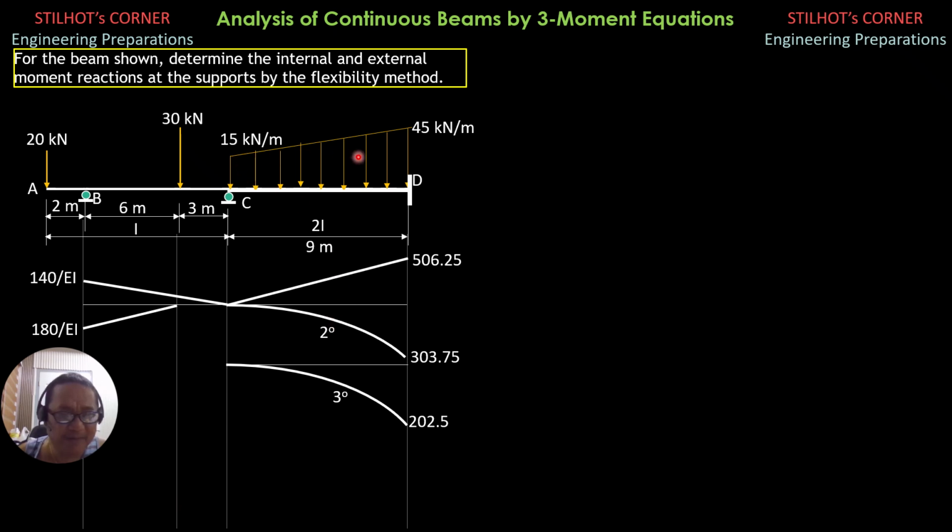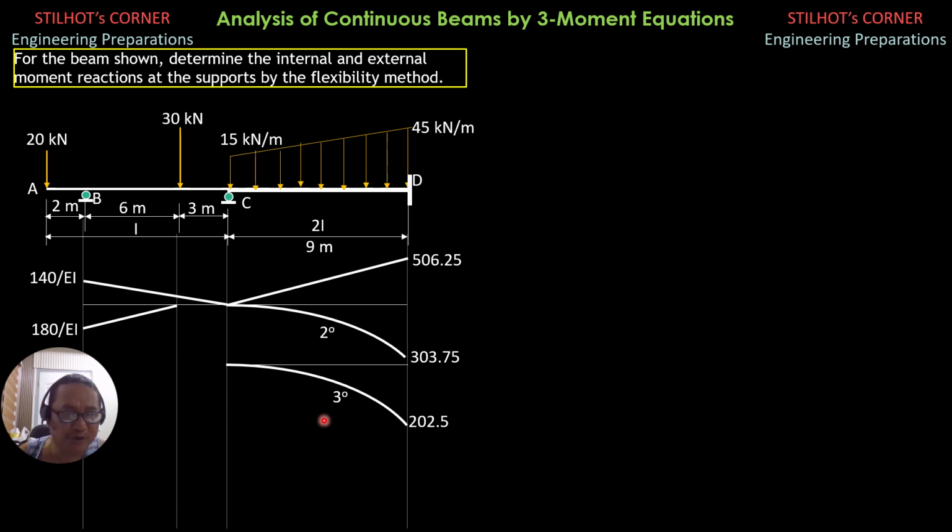Likewise, the moment of the triangular loading of intensity 30 kilonewtons per meter, 45 minus 15, is 1 half of 9 times 30 times 3. And divided by 2, it is equal to 202.5 over EI, and it is a third degree curve.